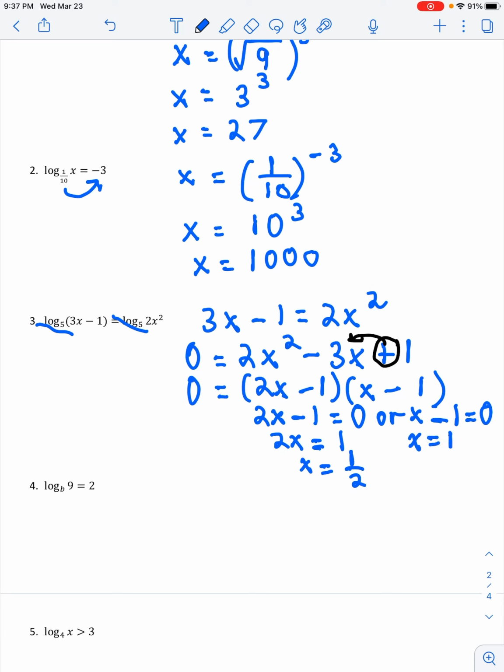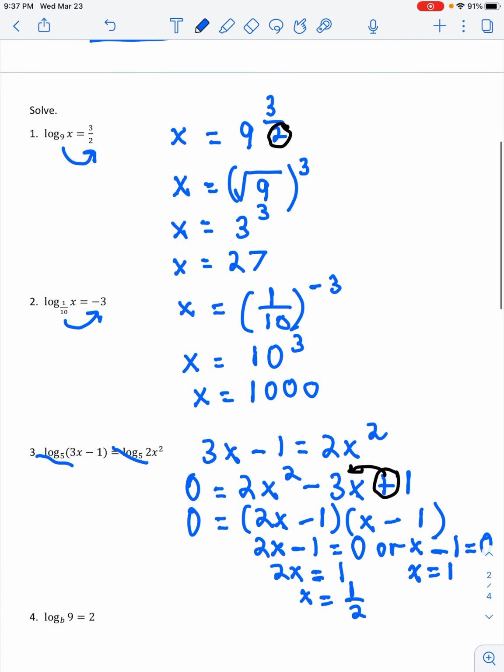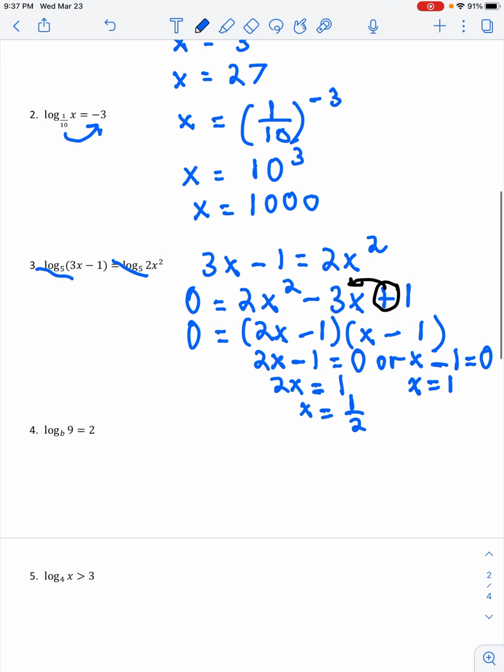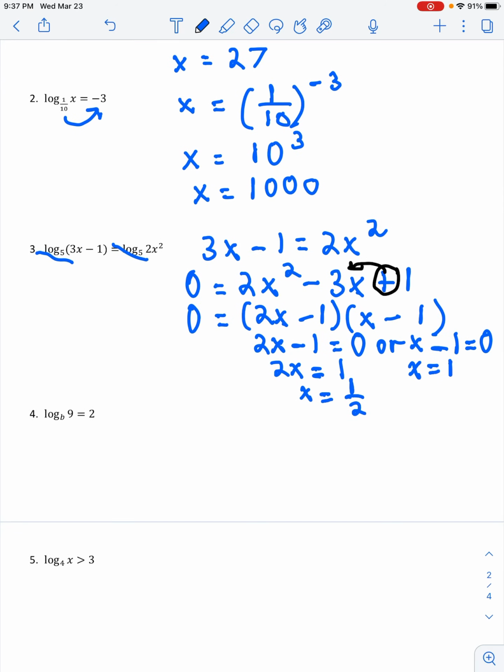Now, you do have to be careful here. I need to make sure that these solutions never make an argument negative. In 1 and 2, since I was solving for x and x was not negative or 0, I was okay. But in 3, the arguments are quantities, 3x minus 1 and 2x squared. So let's start with 1/2. 3 times 1/2 would be 3 halves.